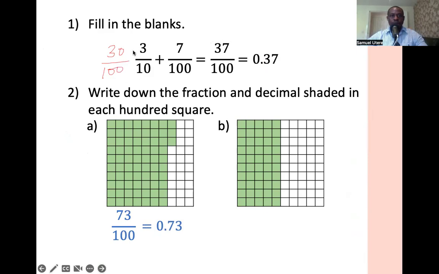So if we add 30 hundredths to 7 hundredths, that's 37 hundredths. And we can represent that as a decimal, and that will be 0.37.